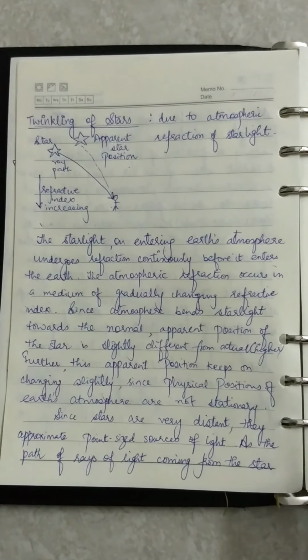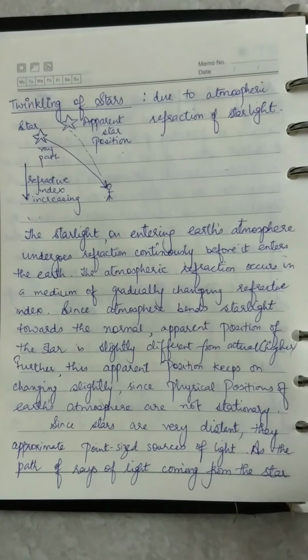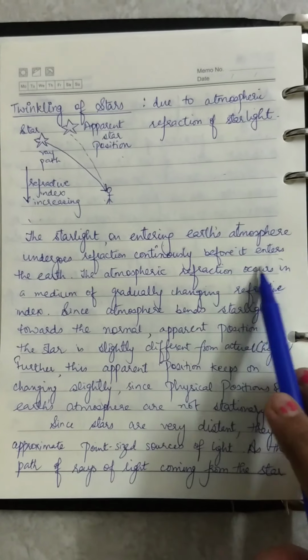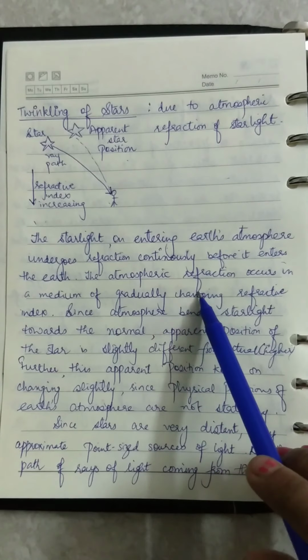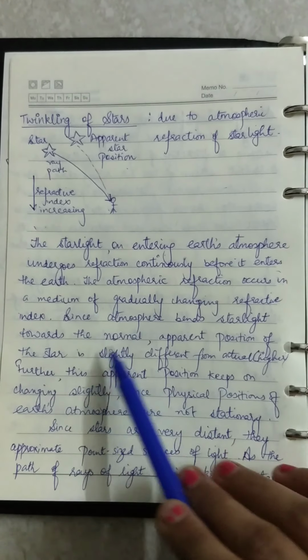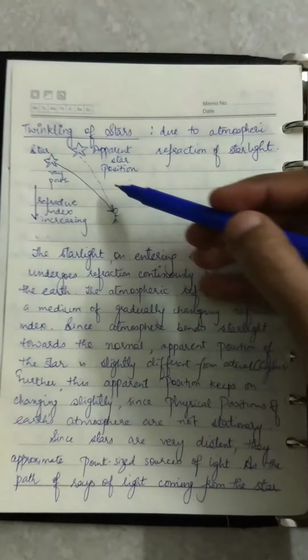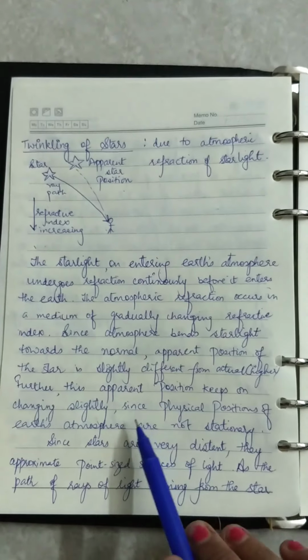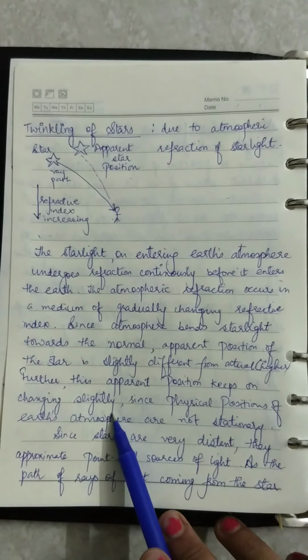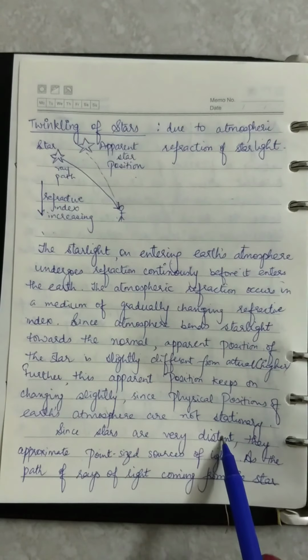See, there are different layers in the atmosphere with different refractive indices, so it keeps on refracting. The atmospheric refraction occurs in a medium of gradually changing refractive index. Since the atmosphere bends starlight towards the normal, the apparent position is slightly different from the actual, which is higher in position. Further, the apparent position keeps on changing slightly since physical conditions of the Earth's atmosphere are not stationary.